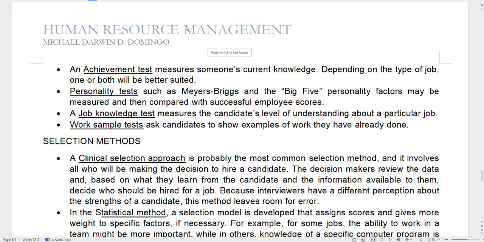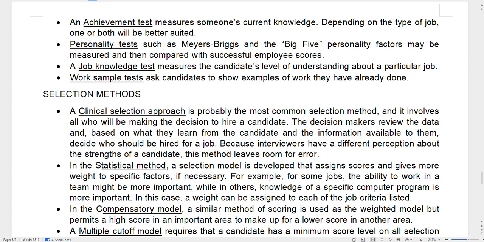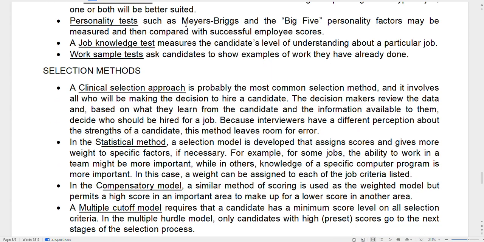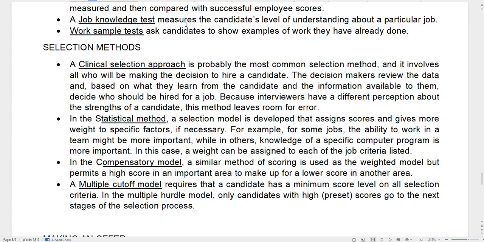Probably the most common selection method and involves all who will be making the decisions. Then we also employ statistical methods. And a multiple cutoff model o yung mga multiple regression, something like that.